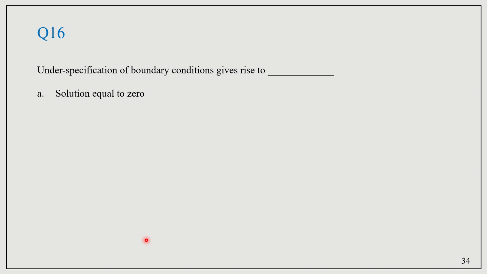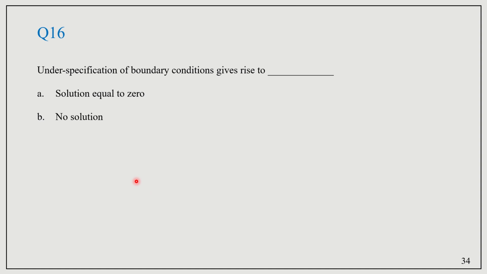So now moving on to the 16th question. Under specification of boundary condition gives rise to dash. We'll see the options. Option A, solution equal to 0.